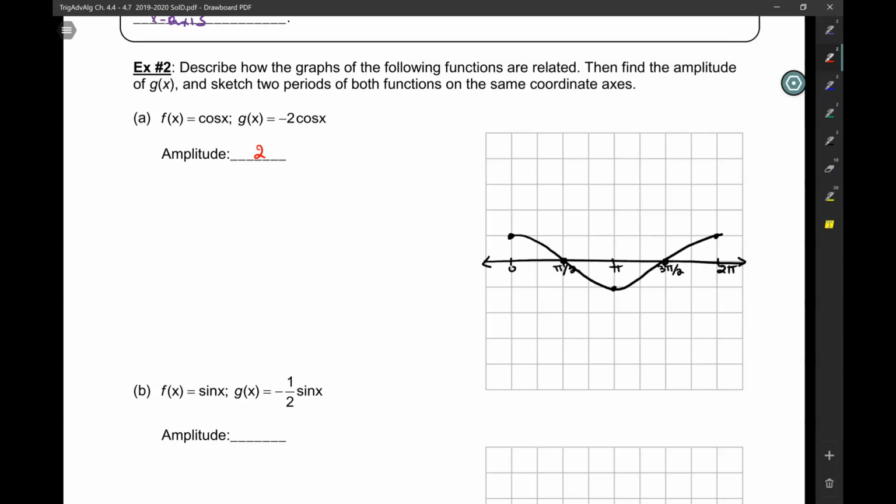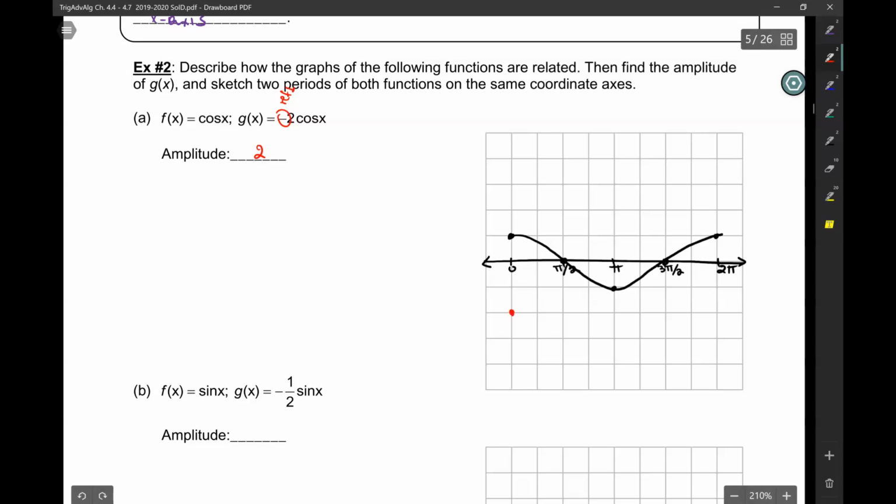Now, however, we can't ignore the negative. That negative is a reflection, right? So if this was 2 cosine, we would have started 2 above the x-axis. But since it's negative 2, we start 2 below the x-axis. So we start here.